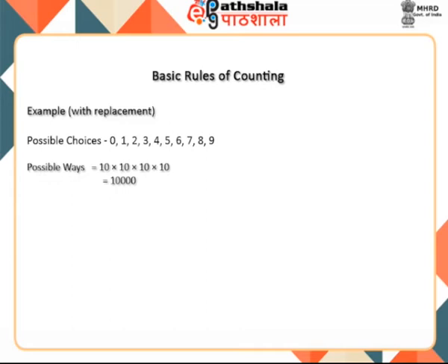Thus, the total possible choices of a 4-digit PIN code are 10 × 10 × 10 × 10 = 10,000. Therefore, in general, if we have n objects and we select r of these with replacement, and order is not important, then there are n^r possible outcomes.